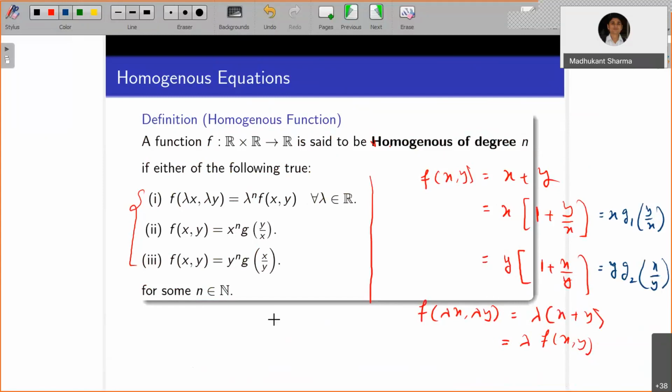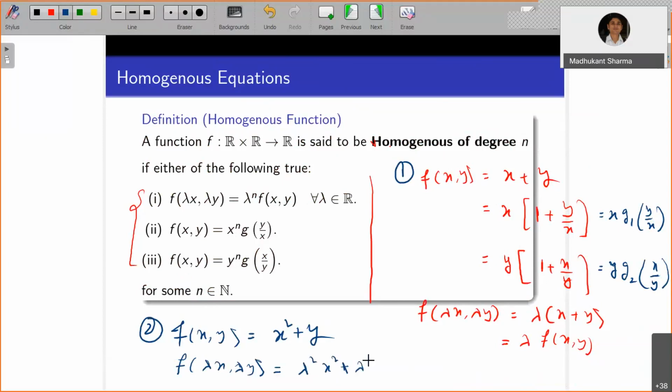For example, let's say the second example I can give you is f of x comma y equals x square plus y. Now if you replace x by lambda x and y by lambda y, that's going to be lambda square x square plus lambda y. Now you take lambda out; lambda times x square plus y does not work. This should be true for every lambda, not just for a particular lambda. If lambda is 1 it works, but it should be true for all possible real values of lambda.